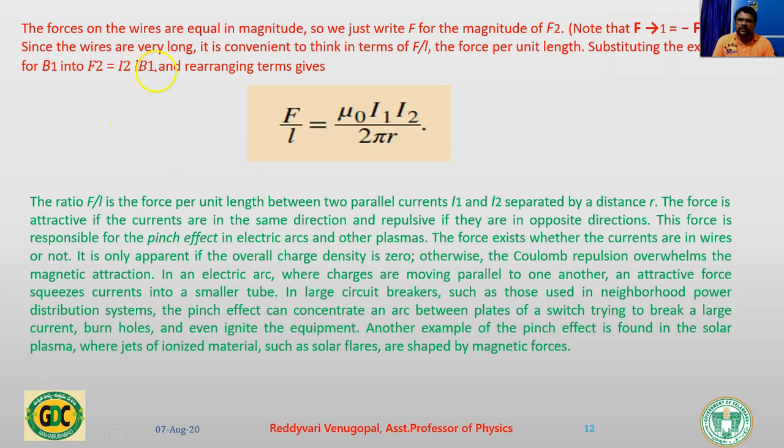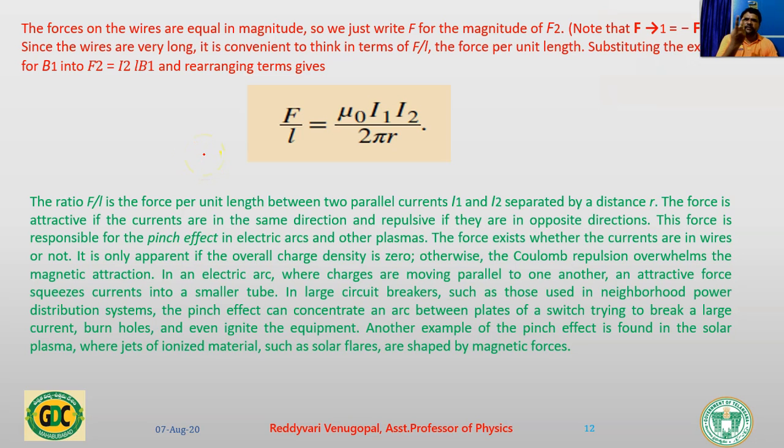The forces on the wires are equal in magnitude, because this is a converse phenomenon. We can take any wire and calculate the magnetic field at that particular wire. If we keep the other wire in that magnetic field, how much force is acting on that wire can be calculated, as we explained on the previous slide.